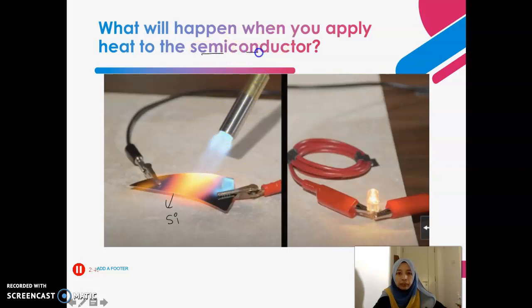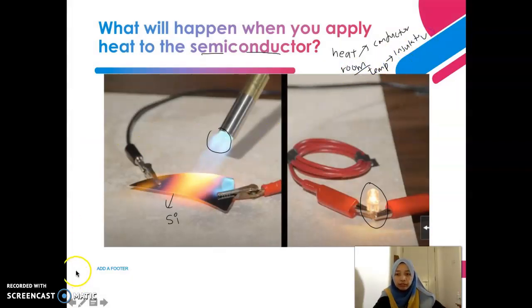So sometimes it can be insulator, sometimes it can become conductor. So you apply heat at the semiconductor, so the LED will be turned on. By applying heat, your semiconductor will become conductor, means it can conduct the current flow. By applying your semiconductor at room temperature, means no heat, it will become insulator. So that's how semiconductor works.